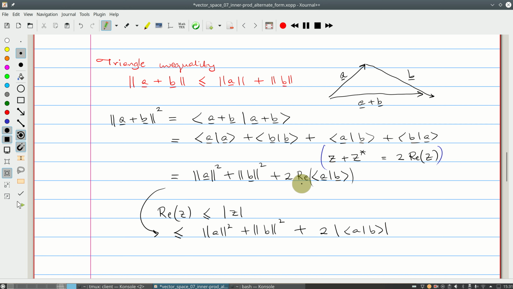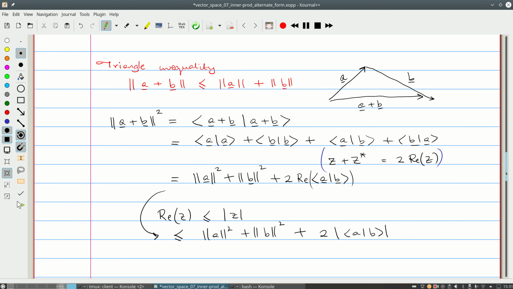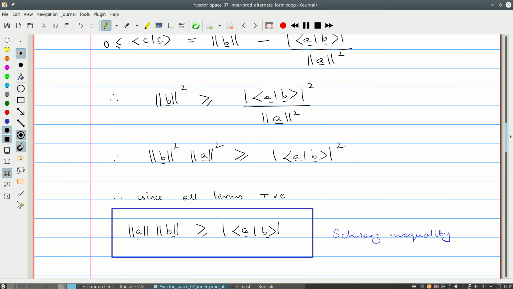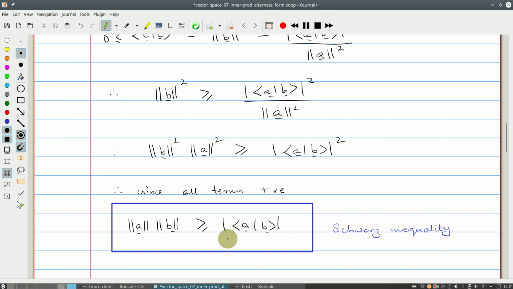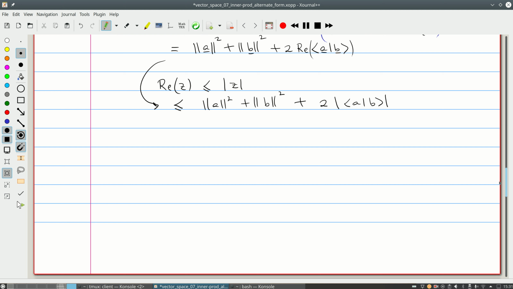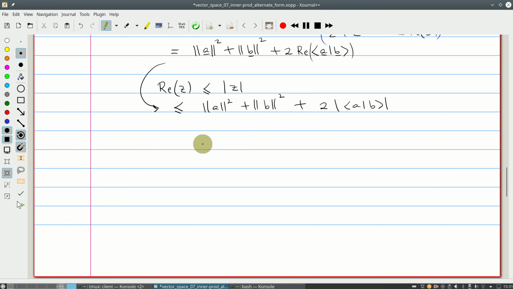So now I've replaced the real part of this with its modulus, and that gives me something that's greater than what I started out with. And now I use the Schwarz inequality. Remember, the Schwarz inequality says that the modulus of the inner product of A with B is less than or equal to the norm of A times the norm of B. So I'm going to leave this for you.